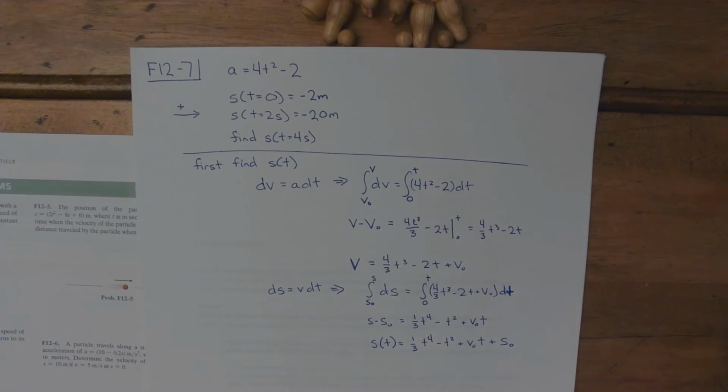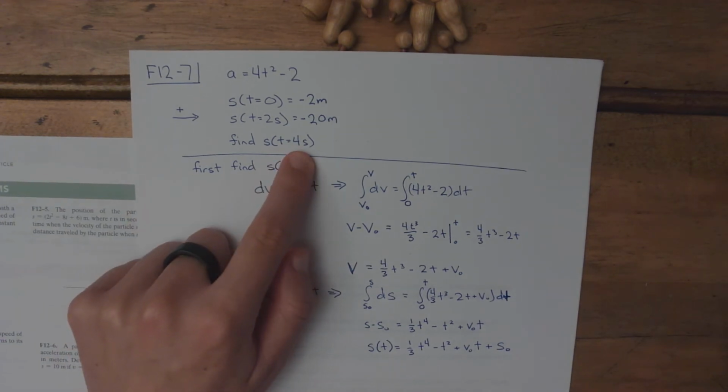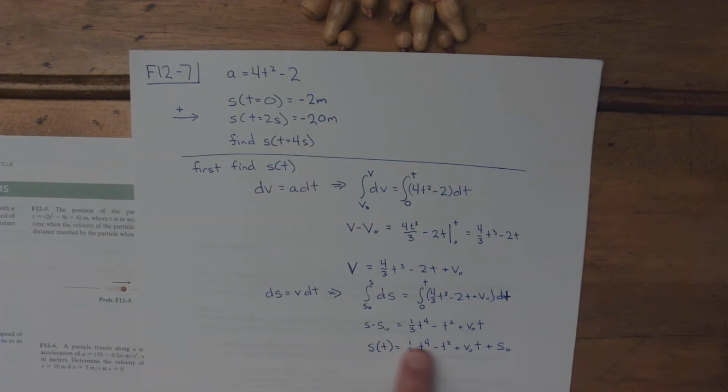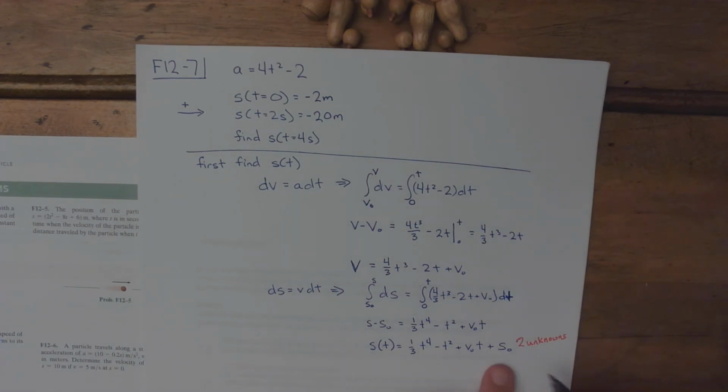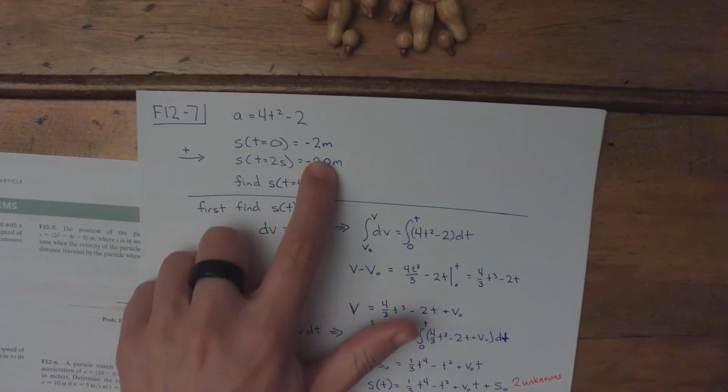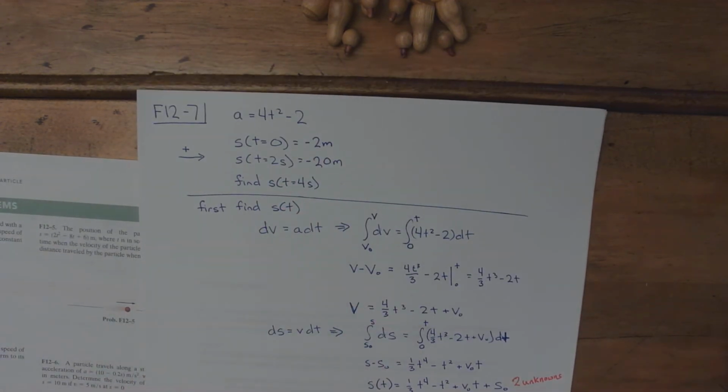Now that I have this, I can find the position when t is equal to 4 seconds. However, if I just take 4 seconds and plug it in for the time, I still have the v naught and the s naught here. So right now I have 2 unknowns. But the s naught actually, it's not really an unknown because I know it's -2 meters.